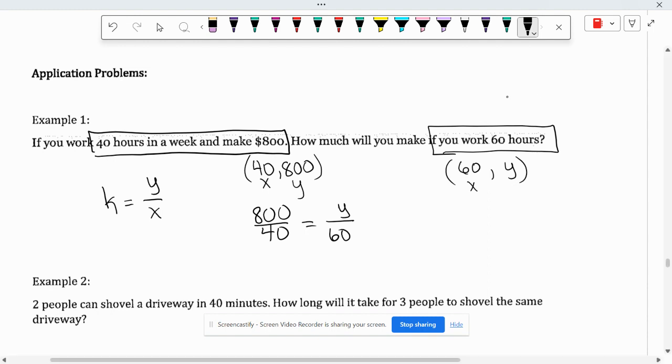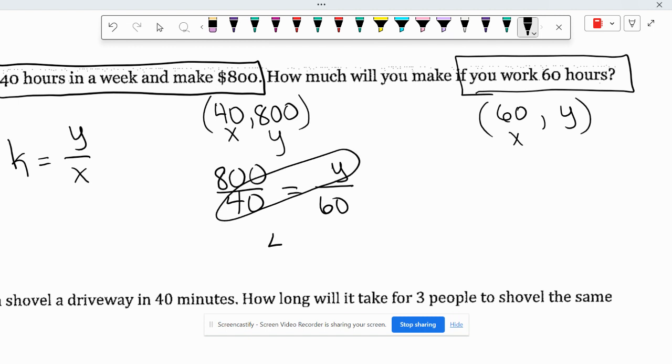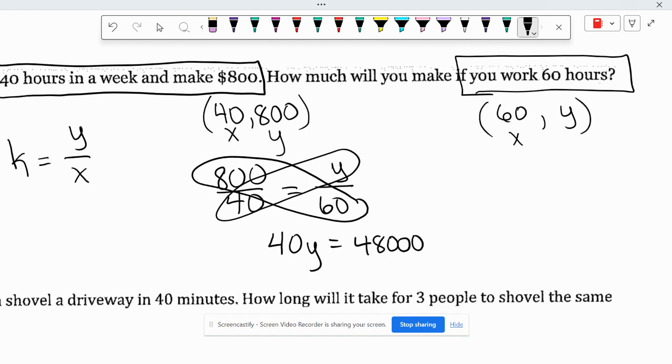So solve it. What am I going to do next? Cross multiply. So 40 times y is 40y. 800 times 6 is 48,000. Divide both sides by 40. 4 will go into 48 12 times, add 2 zeros.